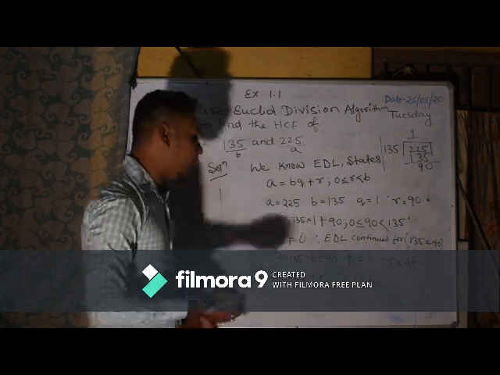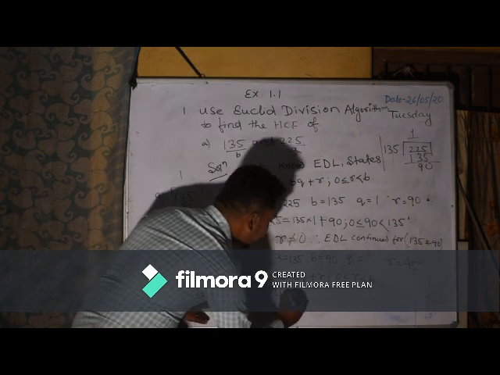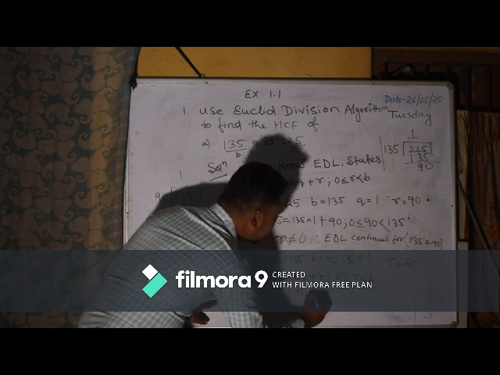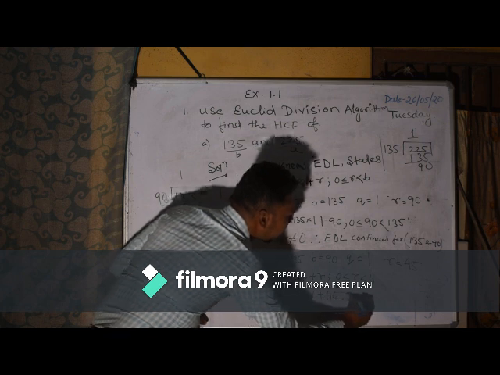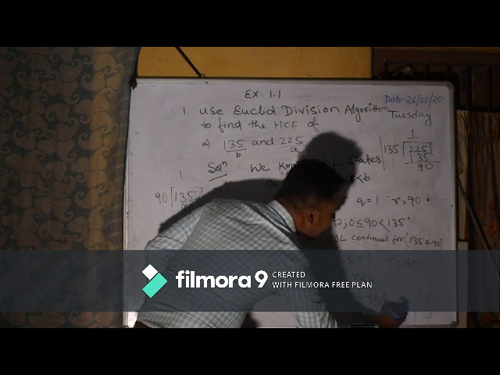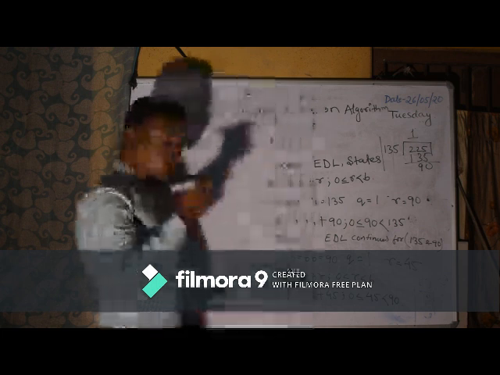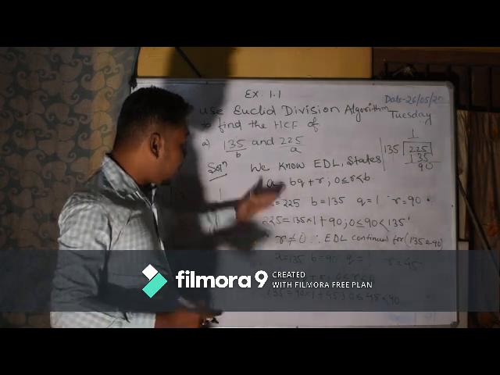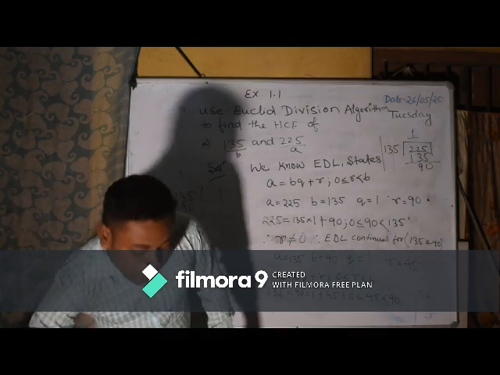So you write the formula again, after that you arrange 135 equals b which was 90, q was 1, r was 45, 0 less than or equal to r which was 45, b was your 90. I think up to this much you have understood. So let's move on to the next.